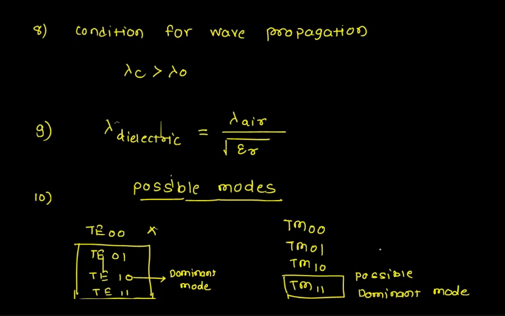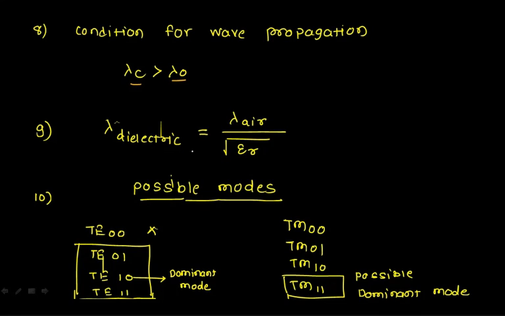The next one is the condition for wave propagation: lambda c must be greater than lambda 0. Now, in the waveguide, the dielectric material I am using here is nothing but air. But what will be the wavelength if you are using a material other than free space, other than air?